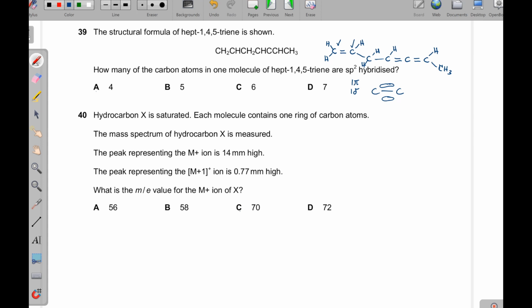Then we have this carbon here, okay, and this one here. Now when you look at this carbon here, for it, you must have 1 sigma bond and 1 what?